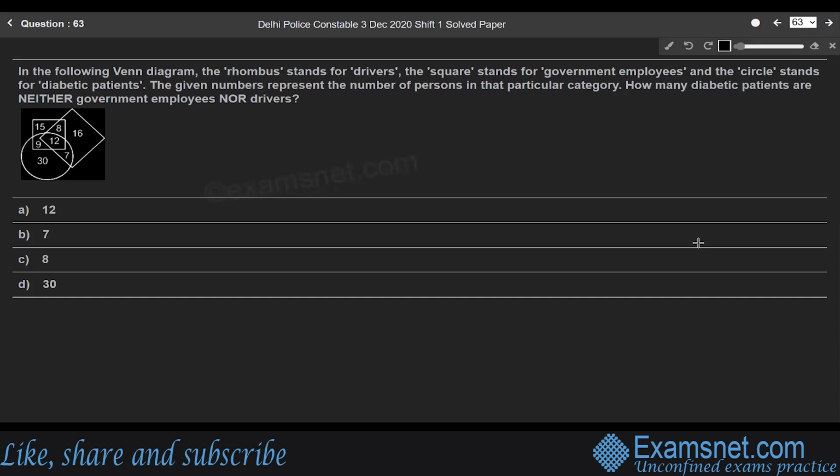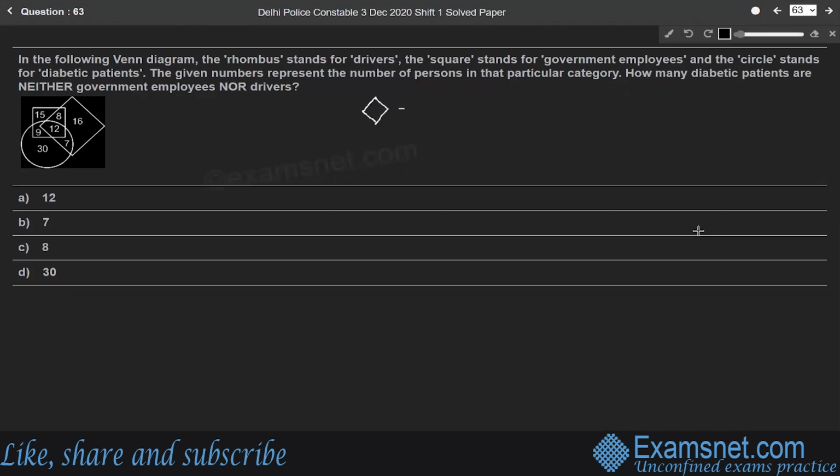So here in the following Venn diagram, rhombus stands for drivers. Square stands for government employees and circle stands for diabetic patients. Right. So which portion represents diabetic patients who are neither government employees nor drivers?